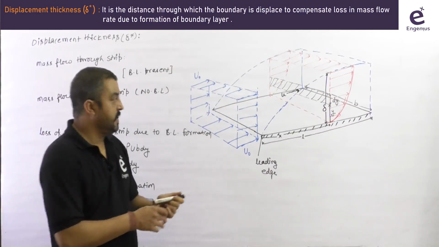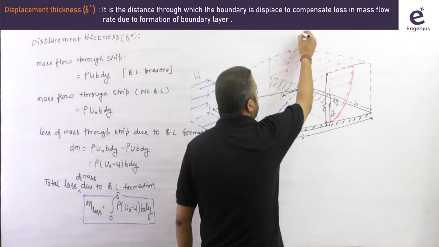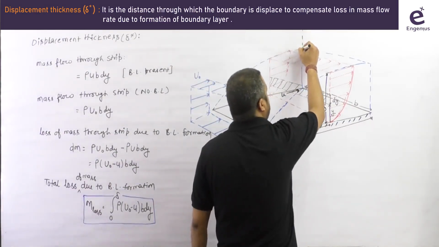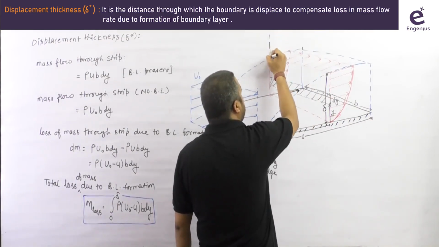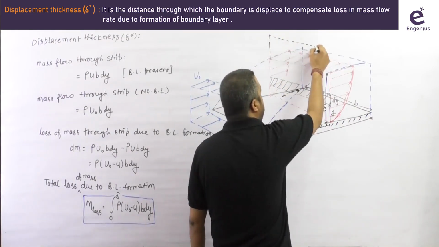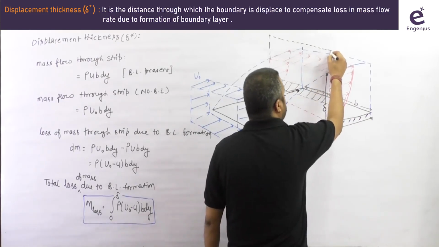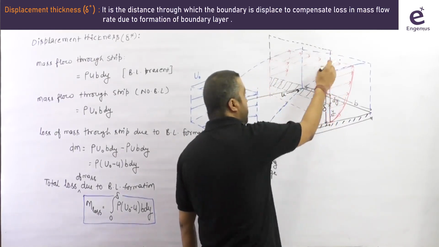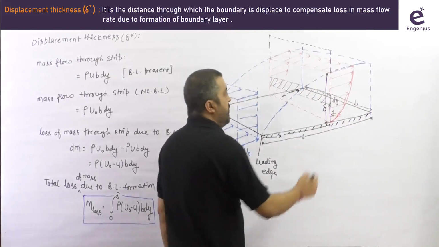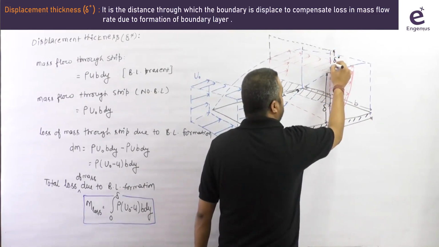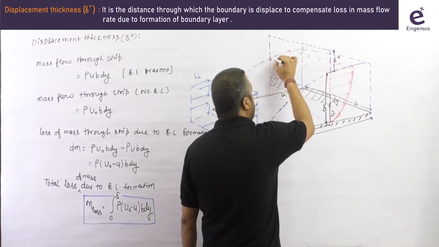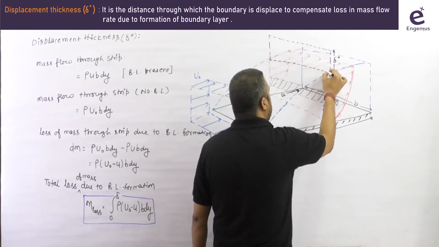So here I'm assuming there is an extra height that I can manage, exactly over here, and obviously this height is above the boundary layer. I'm considering this height to be delta star. This height is delta star and it is above the boundary layer.